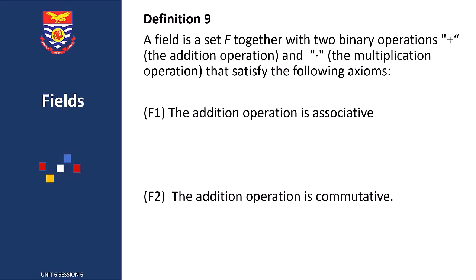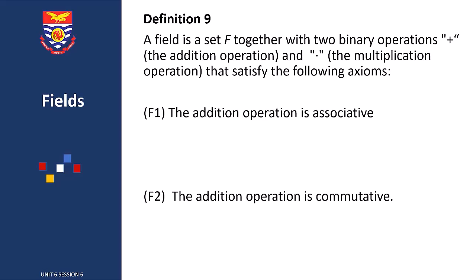The first one, the addition is associative. Axiom 1, and the third F1, the addition is associative. And you know that once addition is associative, you can write it like what we're doing for the group and the rest.